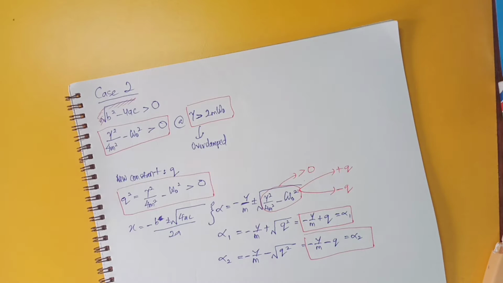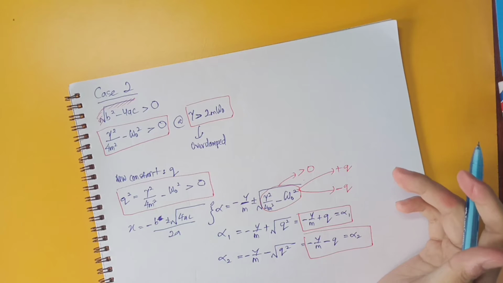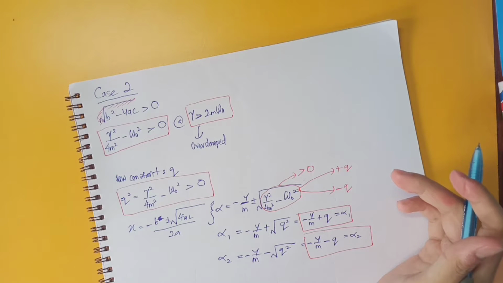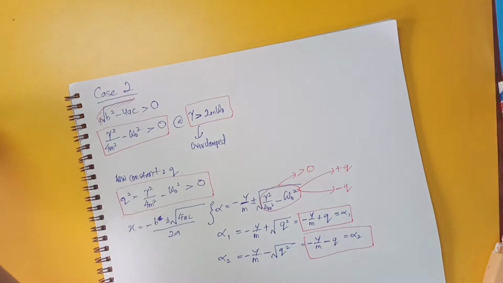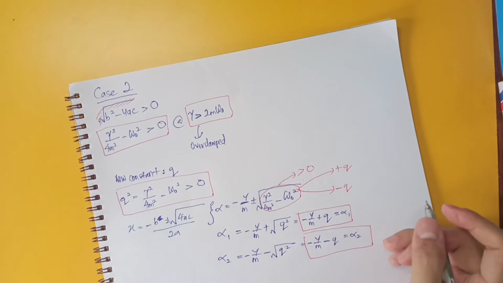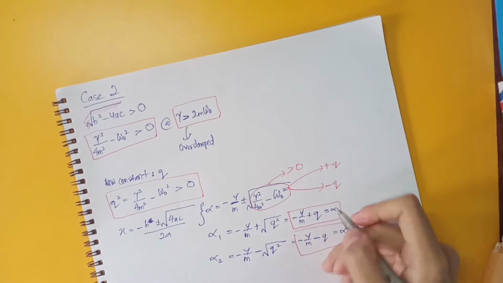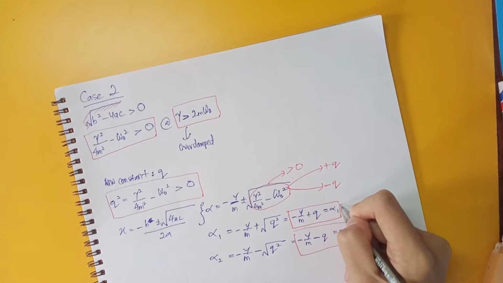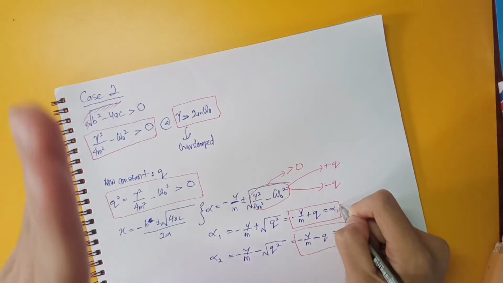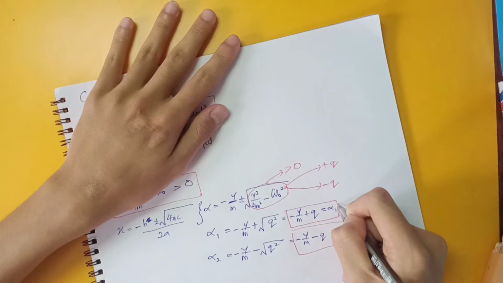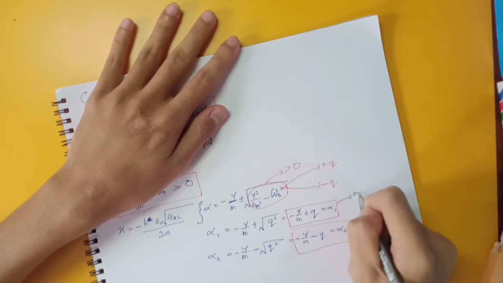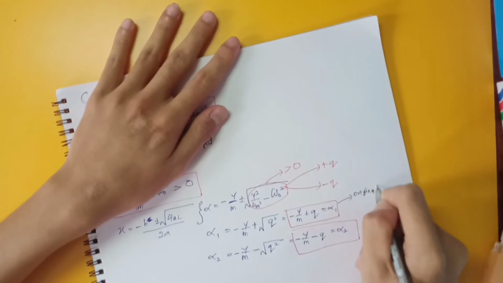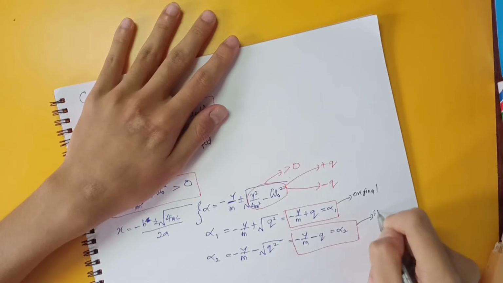Now it is time for us to do the substitution. First I will explain more here. Notice that this is actually not a complex number. This is the original form, and this is its conjugate.